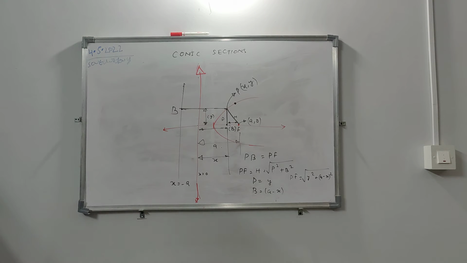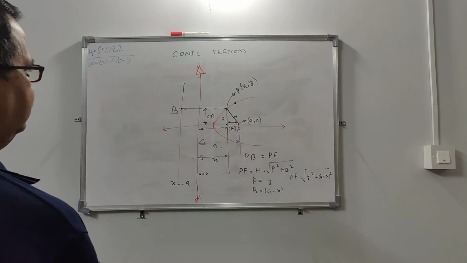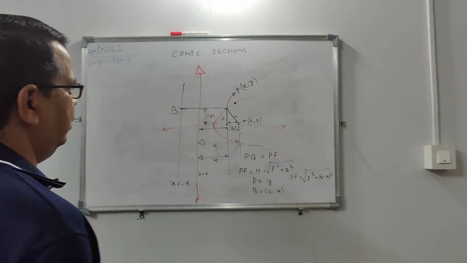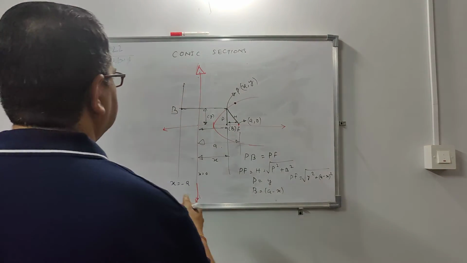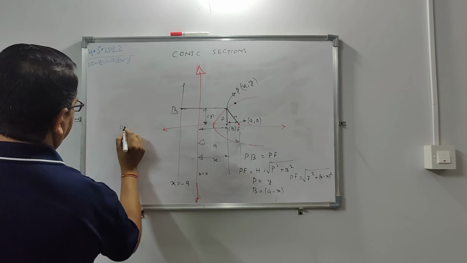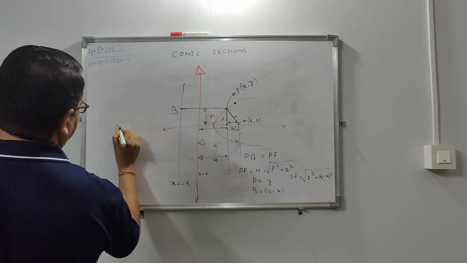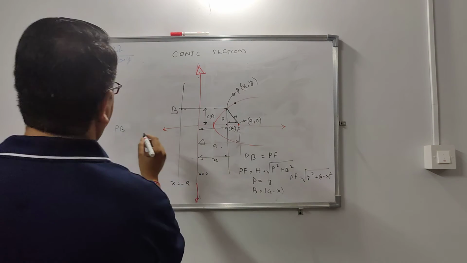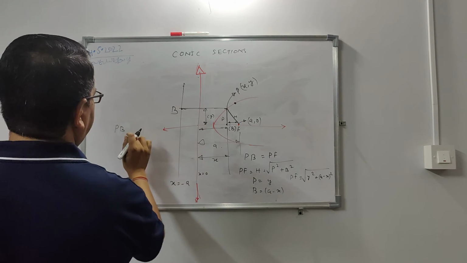Then the PF value is y. So substitute PF as y. Next I have to find my PB, right? My PF is equal to PB. Derive the equation. So what is my distance PB?